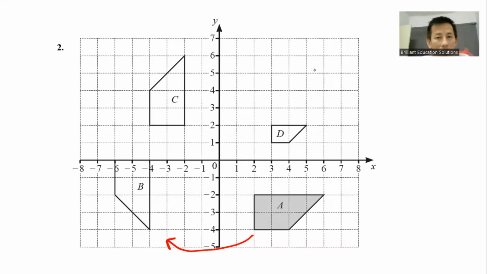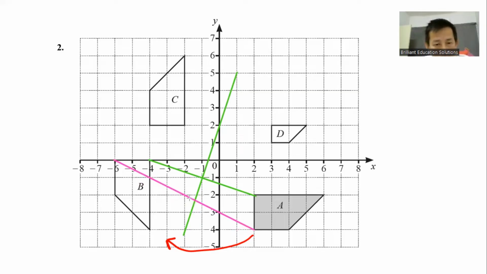Try to construct here. This point, join to here. And the perpendicular bisector should be around here. We'll create a 90 degrees here. And another one, let's take this point.